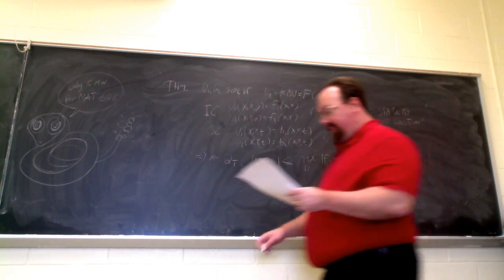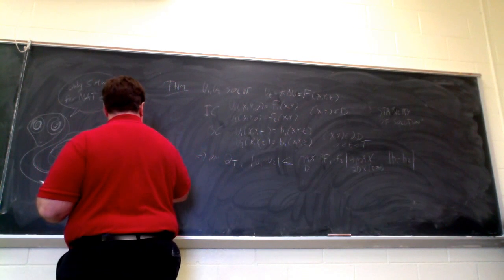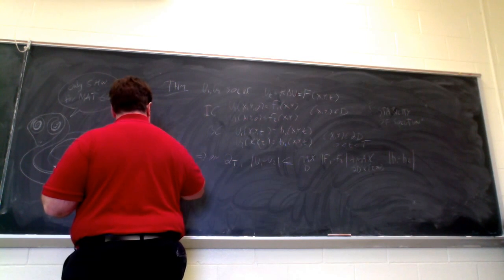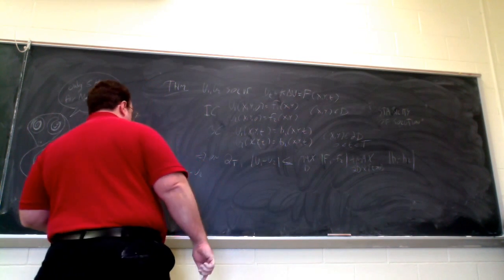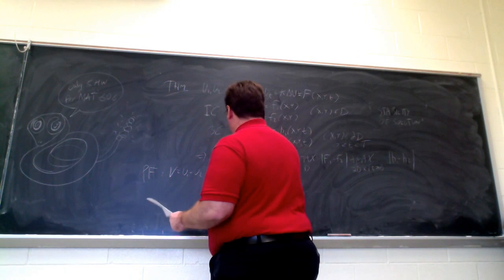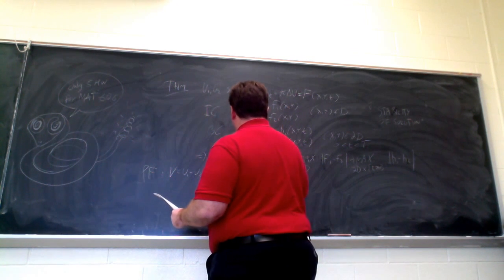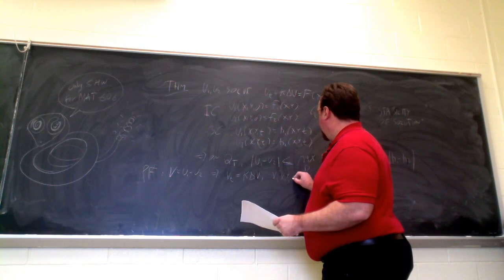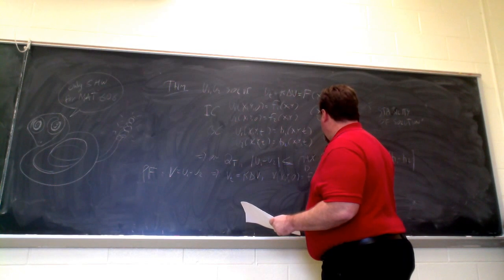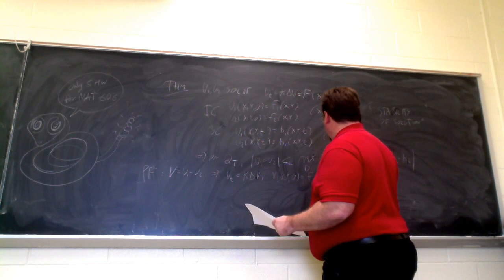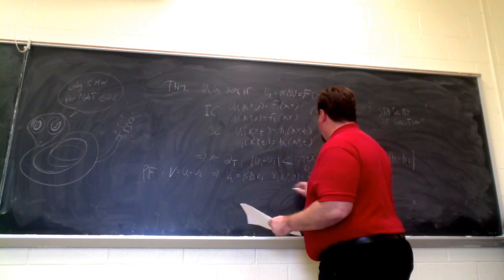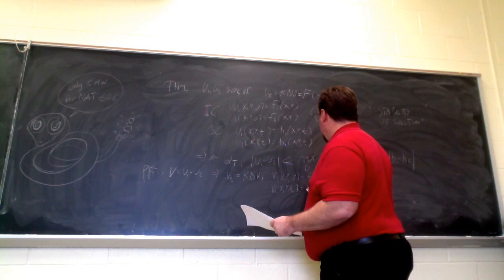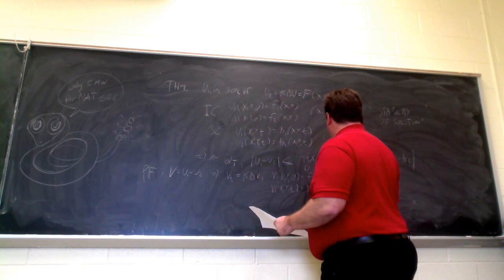To prove this, well, we have V equals U1 minus U2, like so many times before. So that means that V solves the homogeneous heat equation. And V initial data is F1 minus F2, and the boundary data is H1 minus H2.